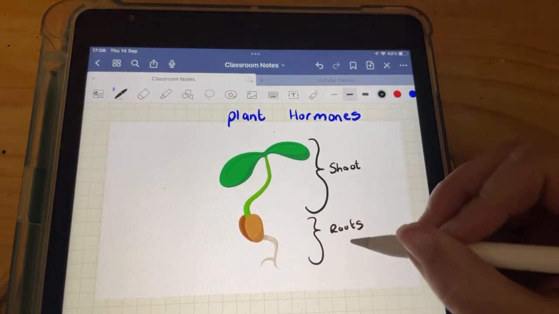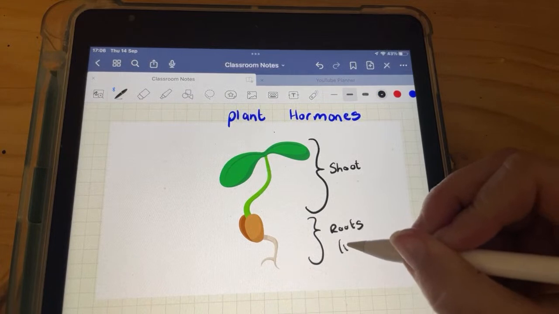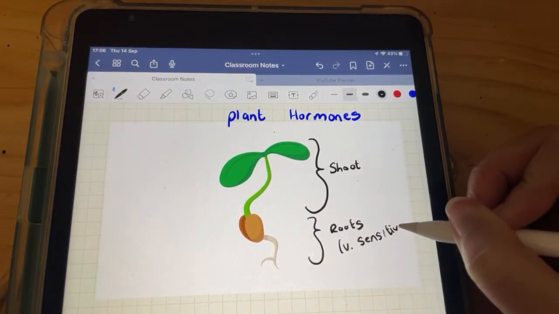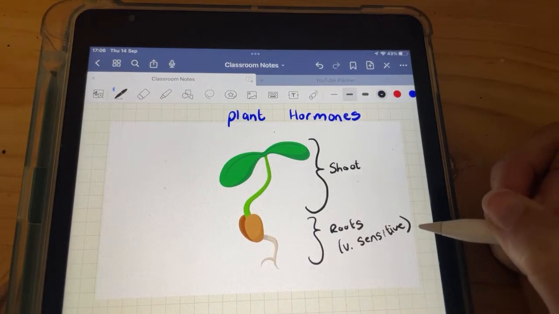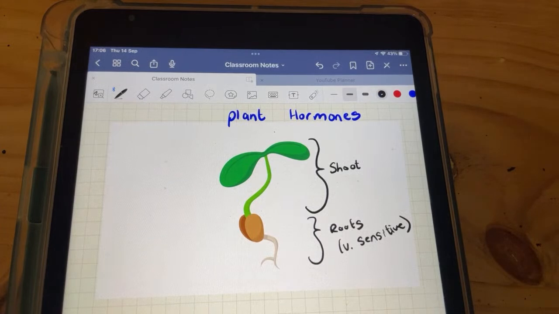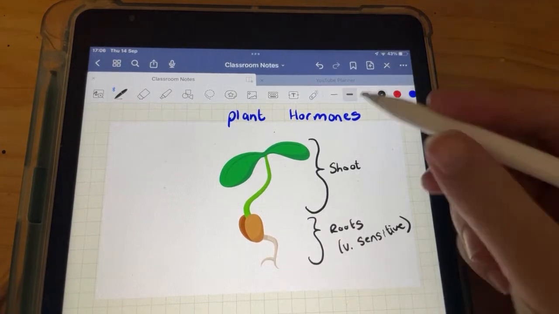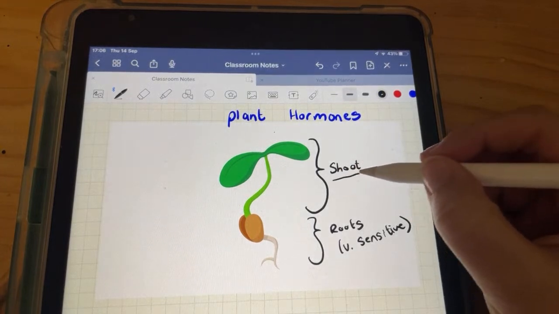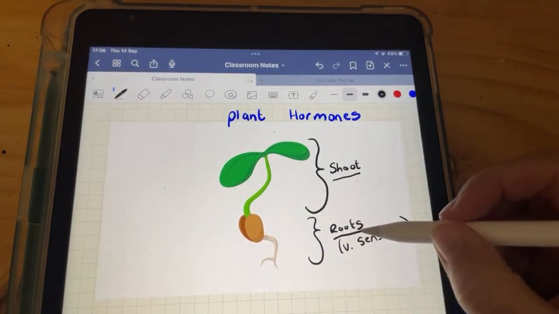Because roots are very sensitive, they require a lot less auxin to grow. So when we talk about concentration levels, shoots need more auxins and roots need less.